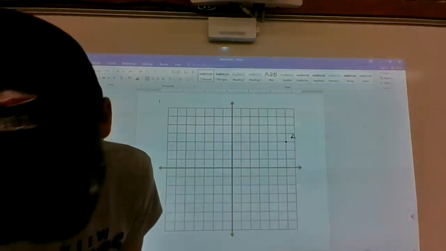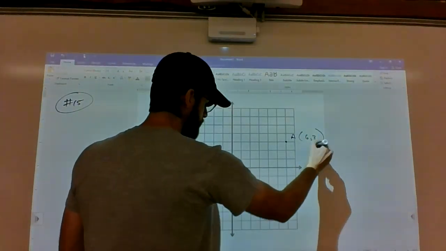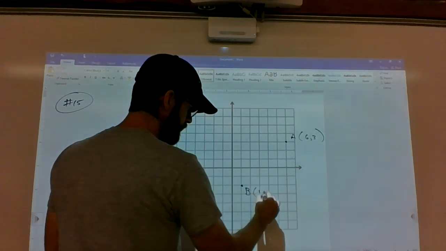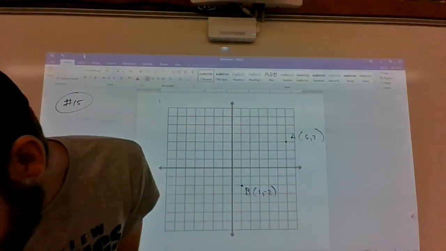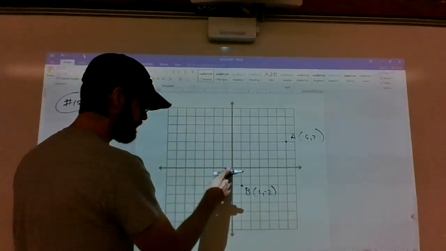B is 1, negative 2. And the C coordinate is negative 3, 2.